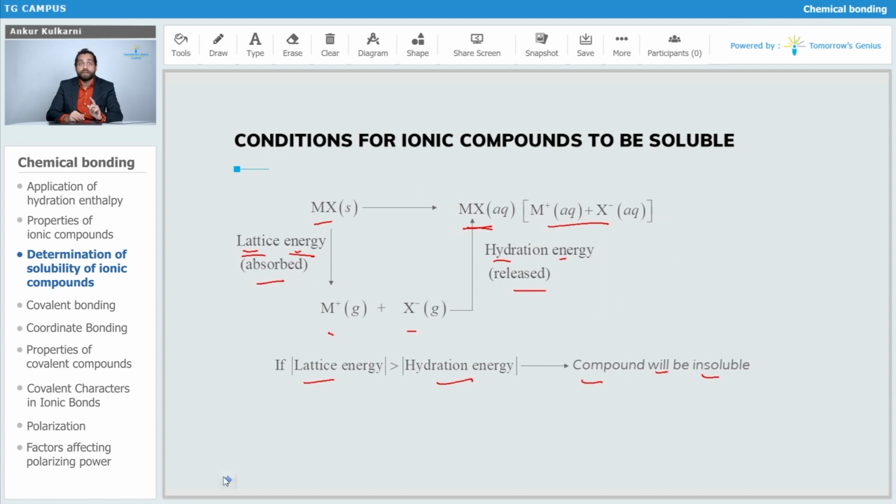But if your lattice energy is lower than hydration energy, then the compound will be soluble. So remember it like this: if lattice energy is more and hydration energy is less, the compound will be insoluble. If lattice energy is less and hydration energy is more, the compound will be soluble.